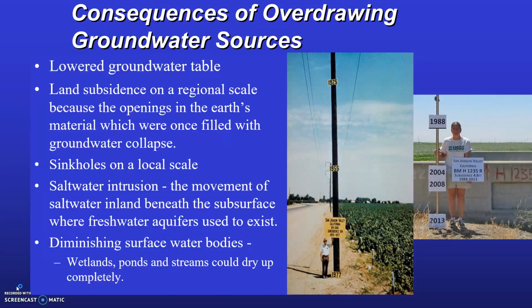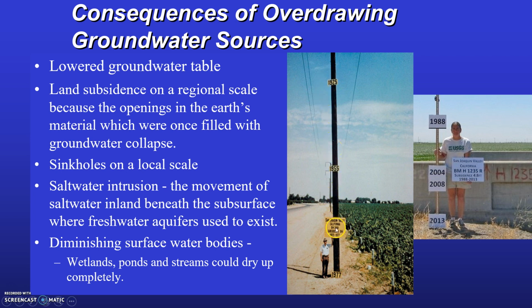The photo on the right illustrates the amount of land subsidence in the San Joaquin Valley of California. A USGS scientist stands at the base of a pole, and it's showing you the land subsidence from 1925 until 1977 due to overdraw of the groundwater resources. The land subsidence has ranged between a foot to 28 feet in some areas.